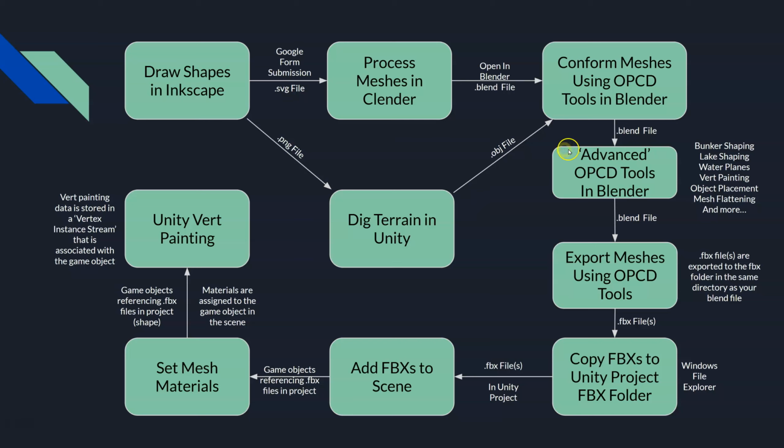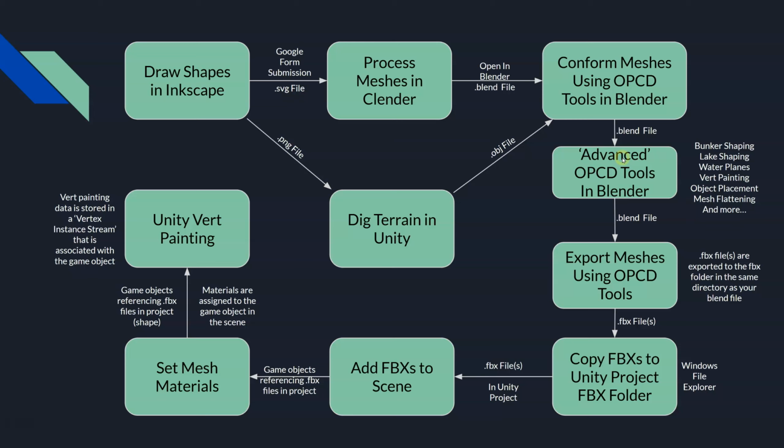So one thing to be aware of is that every time you process your meshes in Blender and you get this blend file, anything that you've done with these advanced OPCD tools is done to this blend file. So if you create a new blend file, these changes are lost.